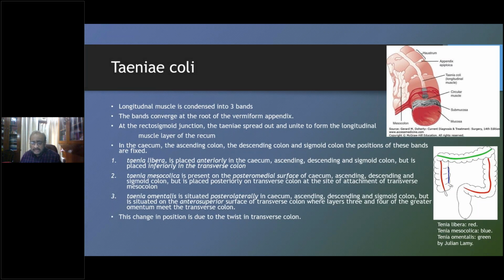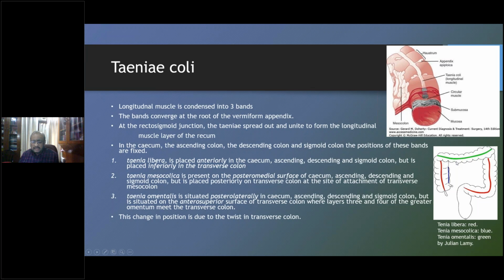In the transverse colon, it is at the side of the attachment of the transverse mesocolon, but that will be placed inferiorly or posteriorly. The tinea omentalis is posterolateral, somewhere here behind, and that is the green line out here. And you see the green line is climbing here, and then it's seen anteriorly.